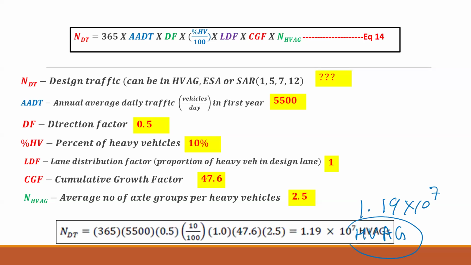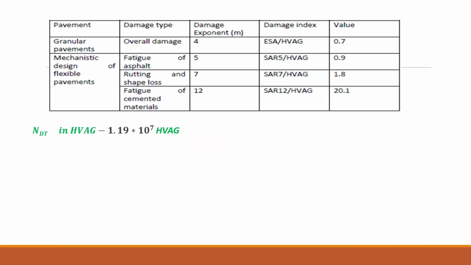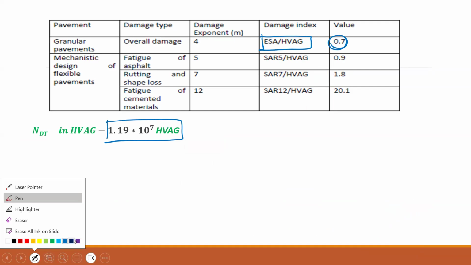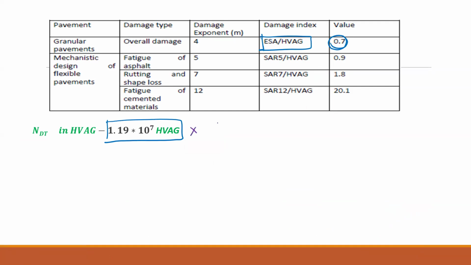Now we need to convert it to different units. This is in heavy vehicle axle groups, and they have given you this ratio, 0.7. So how can we convert heavy vehicle axle groups to ESA? ESA over HVAG is given to you, 0.7. If you multiply by 0.7, what will happen? The distribution factor was 1.